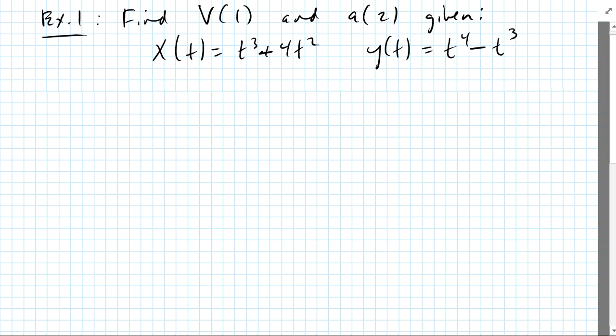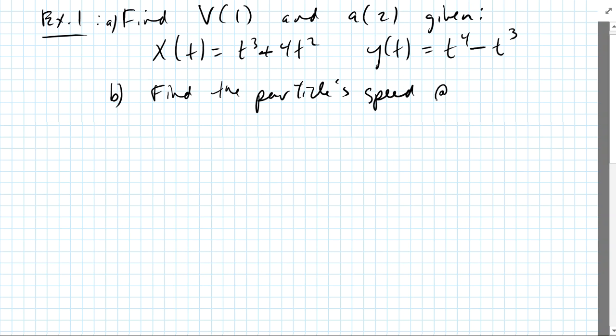That's part A: find the velocity and acceleration. Part B is find the particle speed at time equal 1. And don't worry about units.